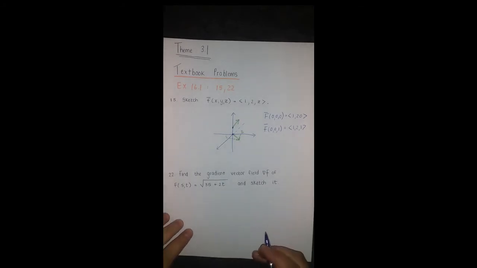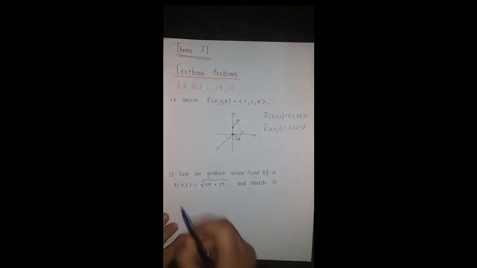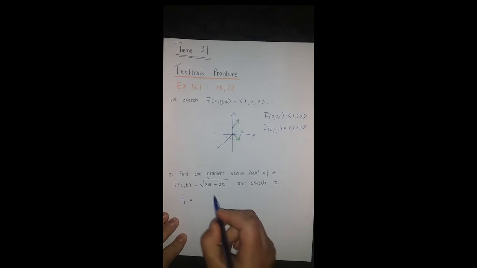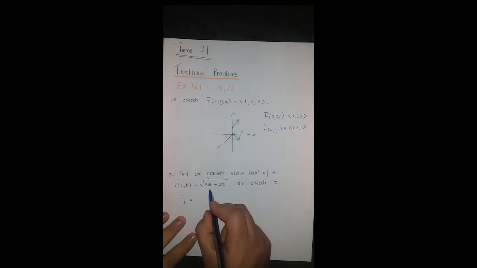So to get the gradient vector, we need to get the partial derivatives of this function towards s and t. So the partial derivative towards s, so we have 3s, you can just work that out.